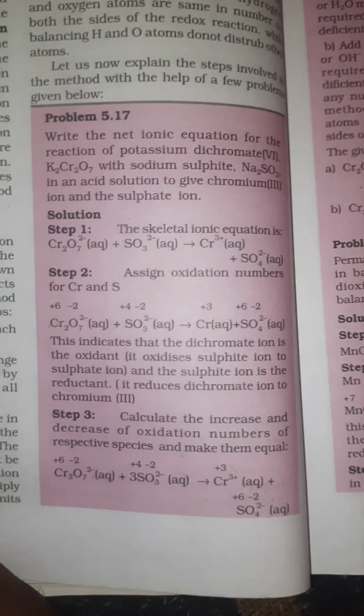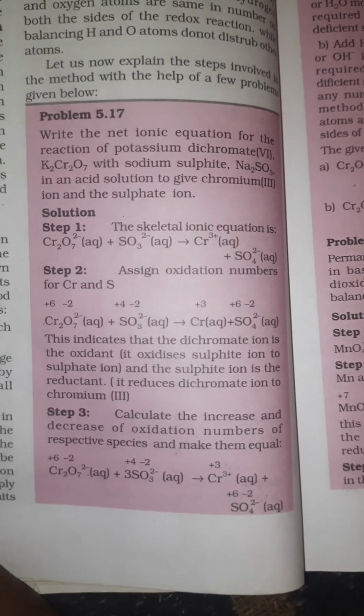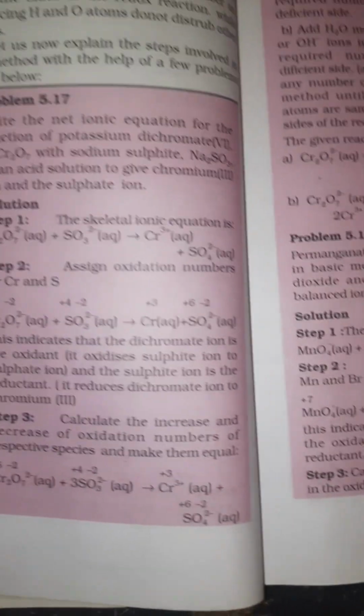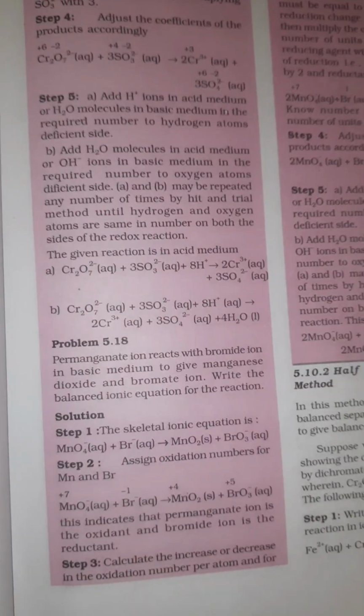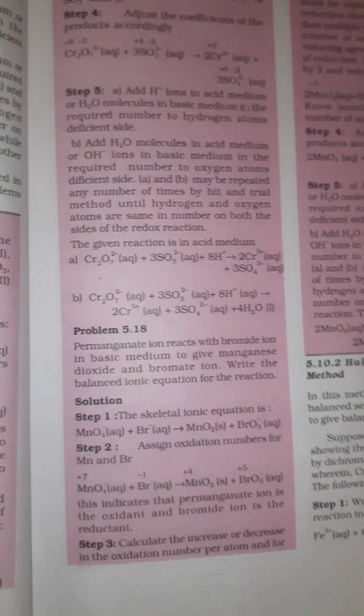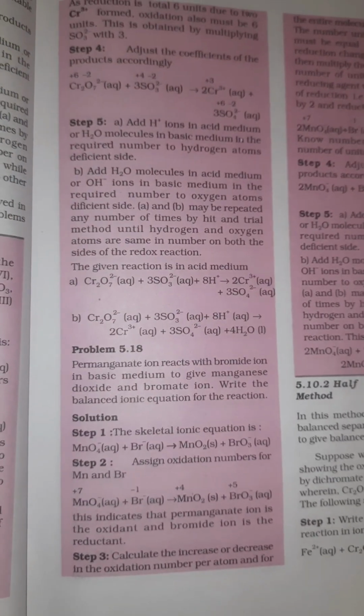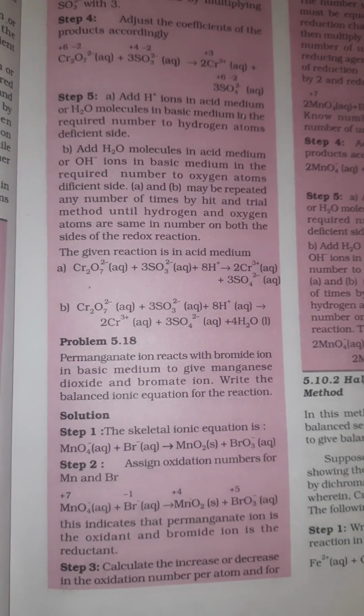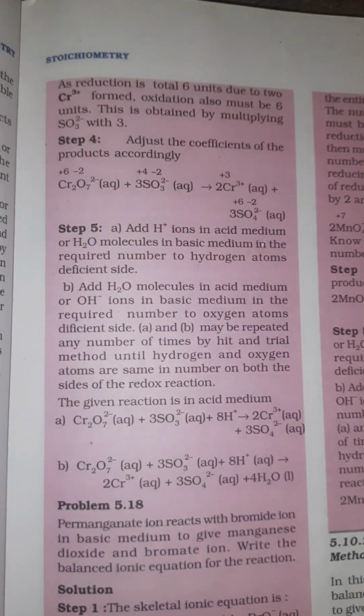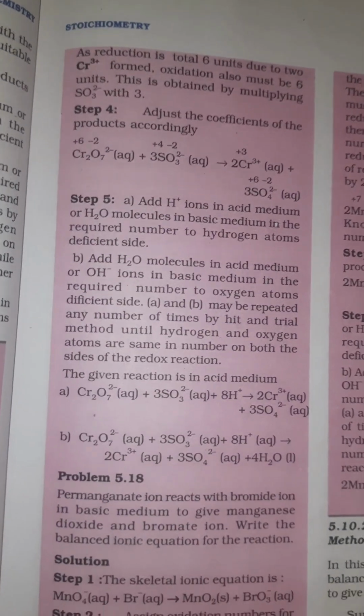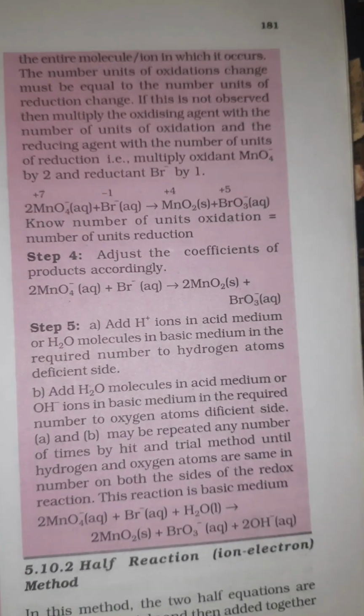Write the net ionic equation for the reaction of potassium dichromate. 5.18, skeleton ionic equation. You just have to see how it is. Balancing the equation, there are 5 steps.